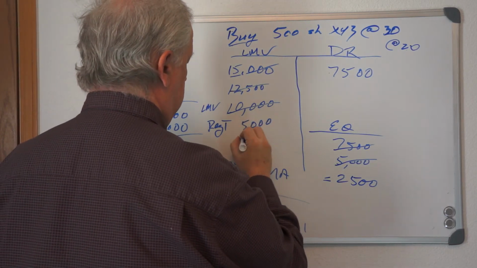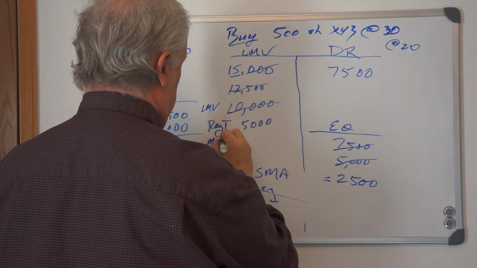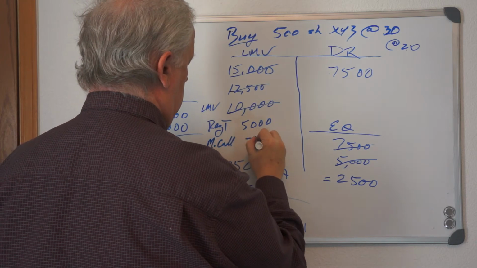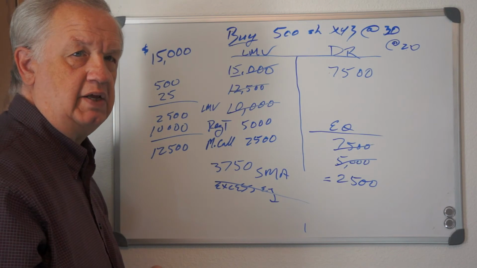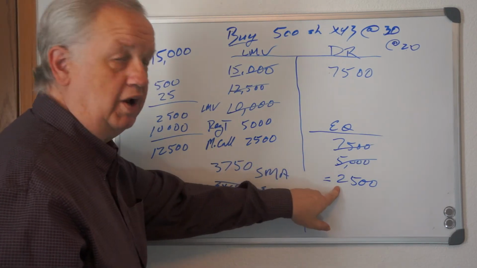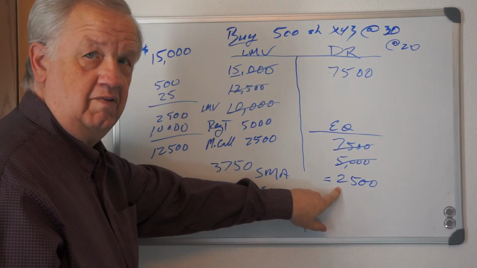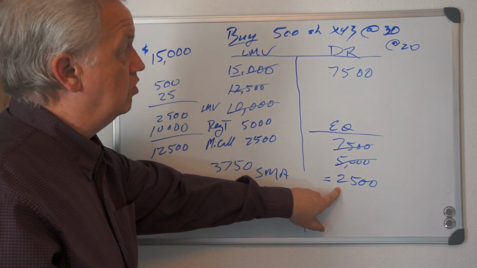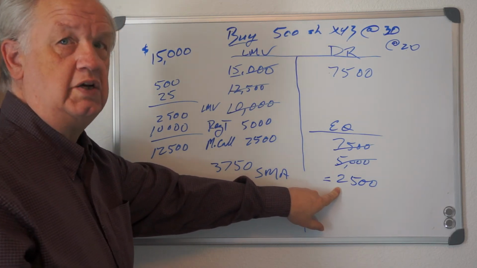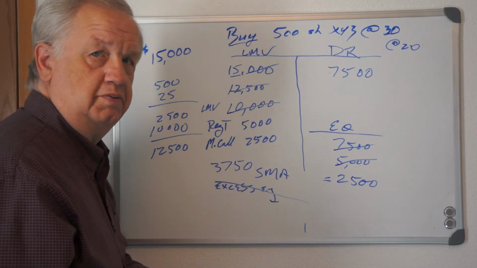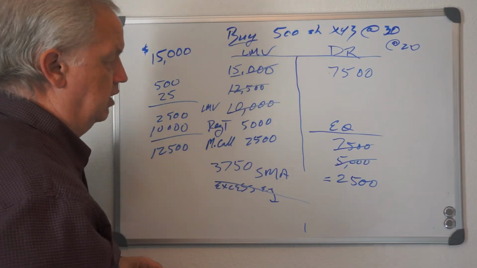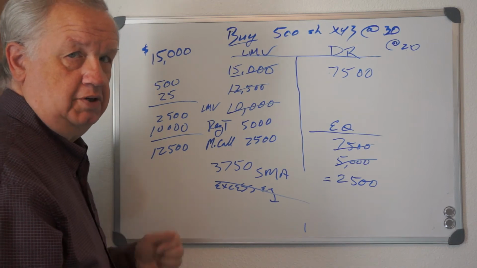Half of this. He does not have to pony up any money, but if it goes down $1, he does. If it goes anywhere below $20, he's going to get a maintenance call, a margin call, and have to pony up money. That's margin.